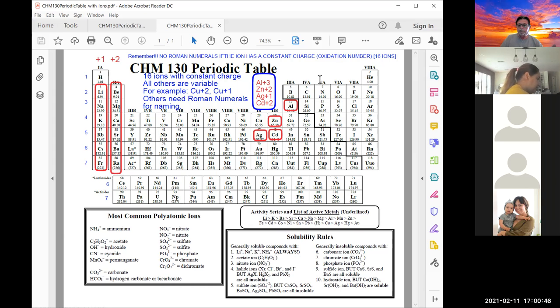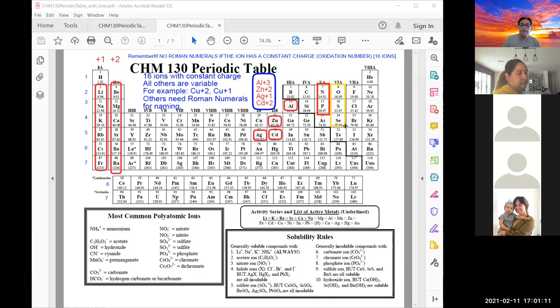Now for the non-metals. Let me highlight them. Everybody in group 5A, 6A, 7A are non-metals, so they're going to have negative charges. Let me change the color a little bit.